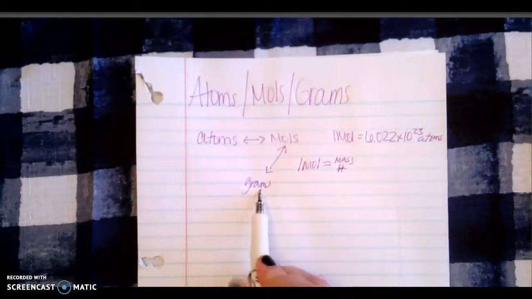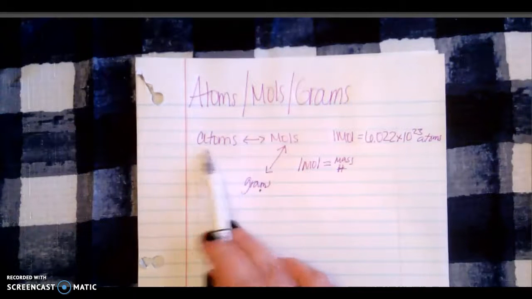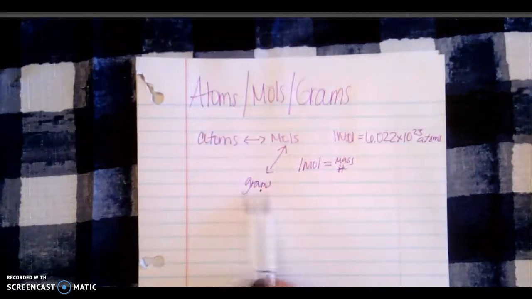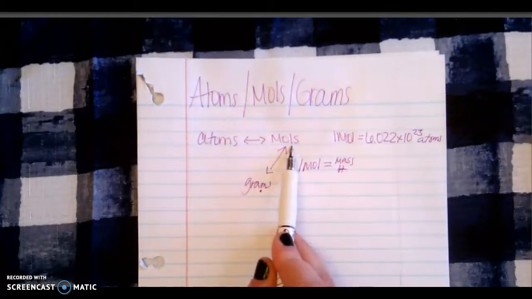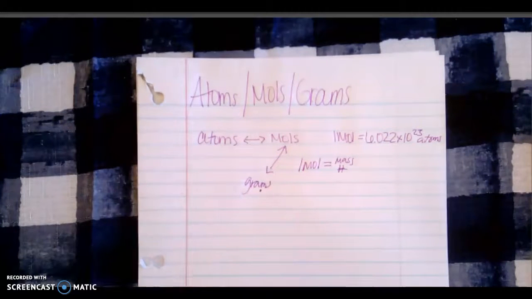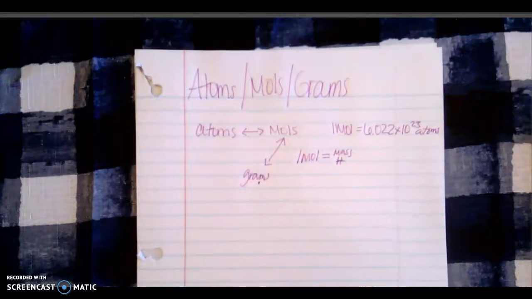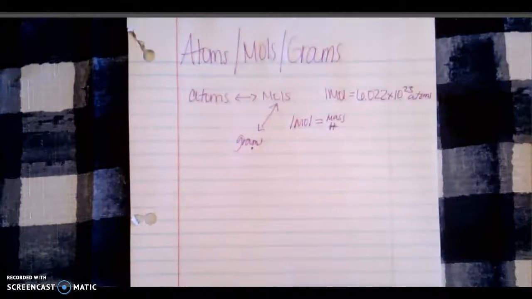So if I gave you a number in grams and asked how many atoms there were, you would have to convert from grams to moles and then from moles to atoms. It's a little bit more of a complicated process, but it's not bad. So let's do some practice problems with this.